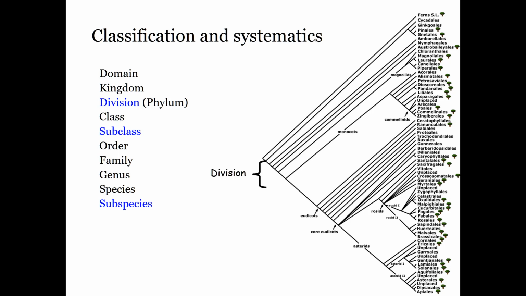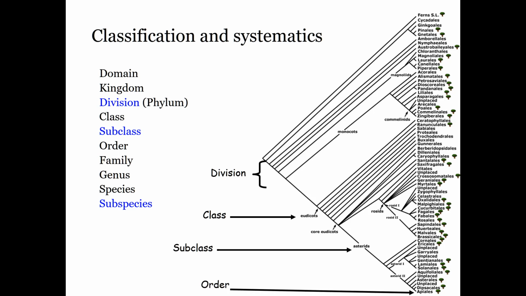There are division level splits that are very basal to this tree. There are class level splits as you get farther and farther towards the tip of the tree. Things like asterids represent subclasses, which are kind of in between classes and orders. And then finally at the tips of this phylogeny, we've got different orders.